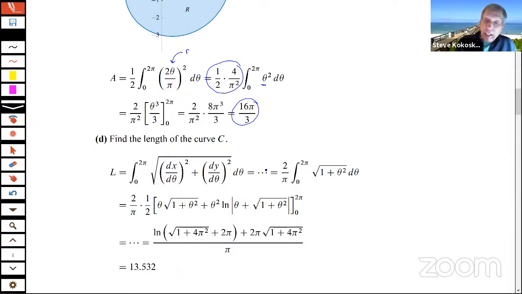Now, I've got a lot of dots in here. dx/dθ and dy/dθ are kind of complicated. Then I've got to square them all out, and I've got to simplify. And believe it or not, if you do all of that, you're left with, in the integrand, just the square root of 1 plus θ squared. Now, the question is, how the devil do you integrate that?